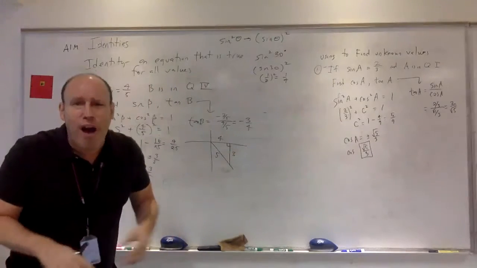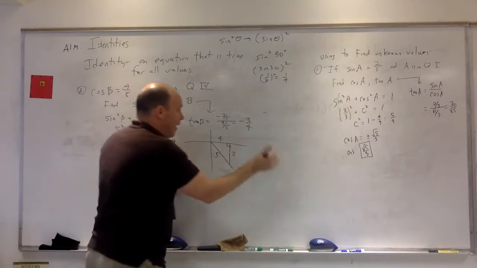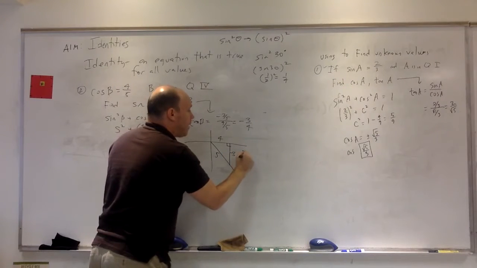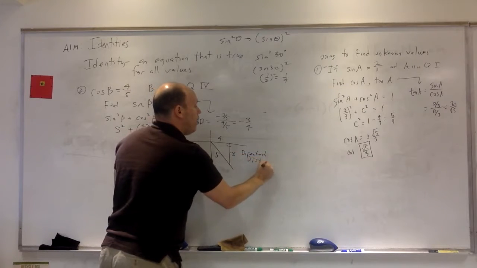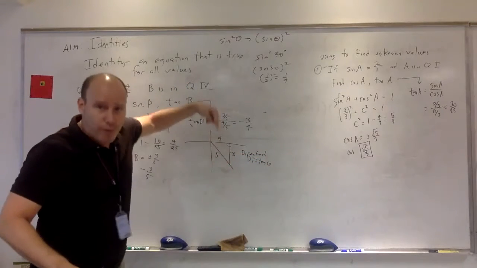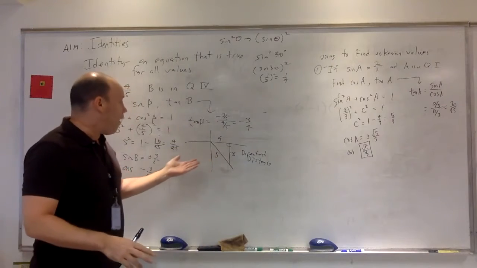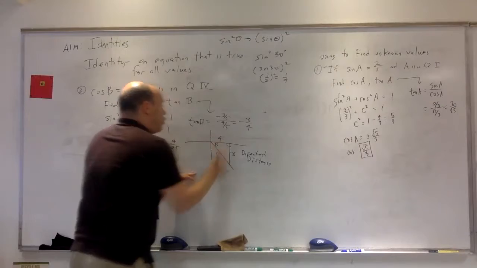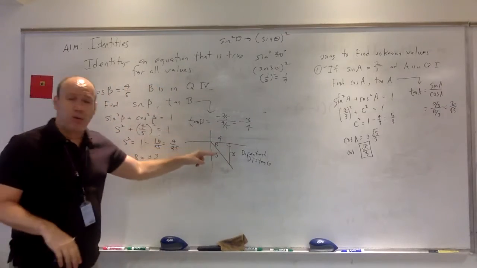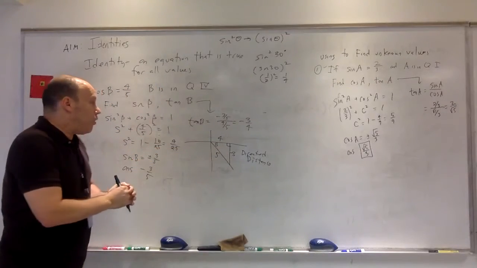Let's use the geometric method to do the next problem. Let me erase this. The sine of C is negative 5 over 13, and C is in quadrant 3. Find the cosine and the tangent. So let's see.